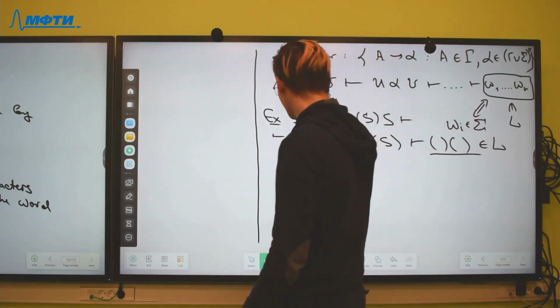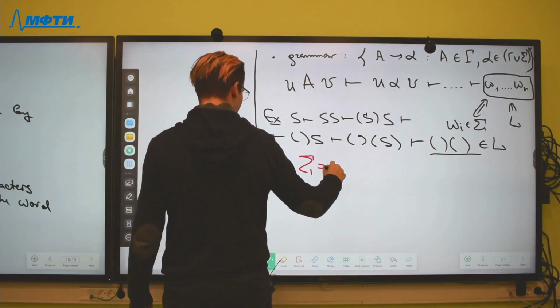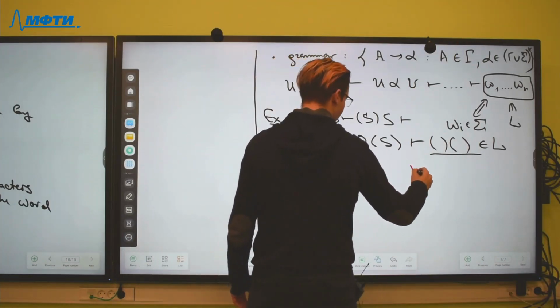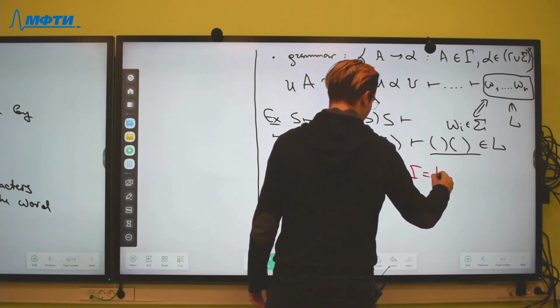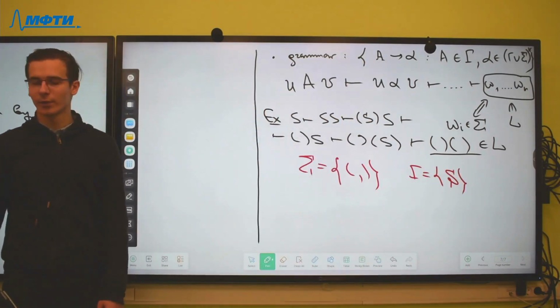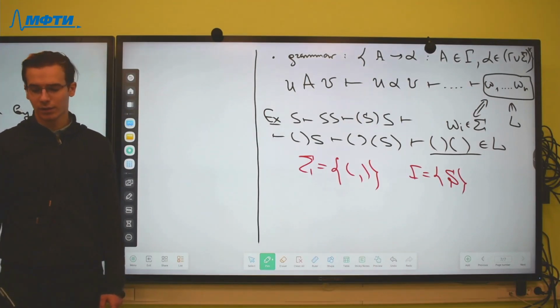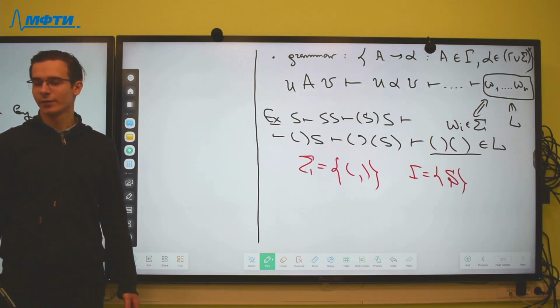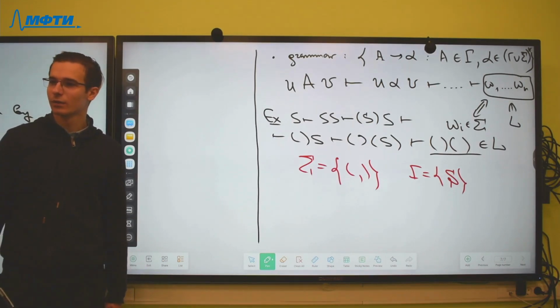In this example, we have these two alphabets. But in your task, you need to understand what the alphabets are by yourself.